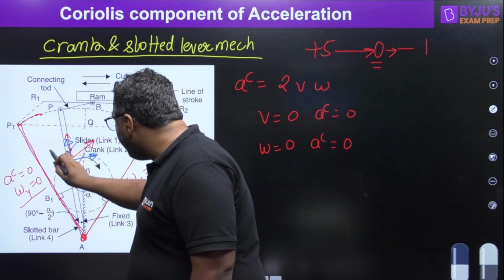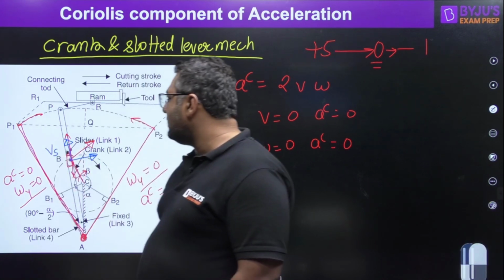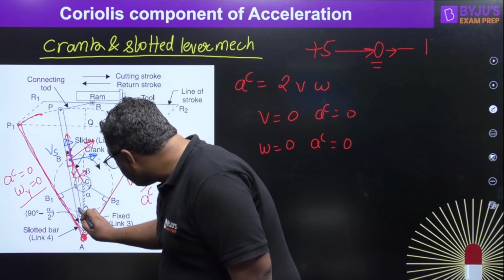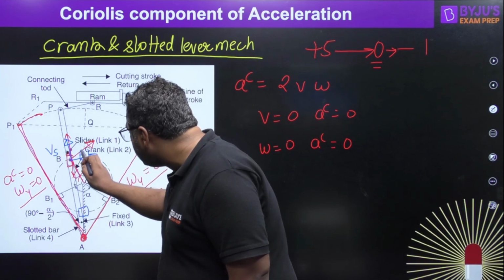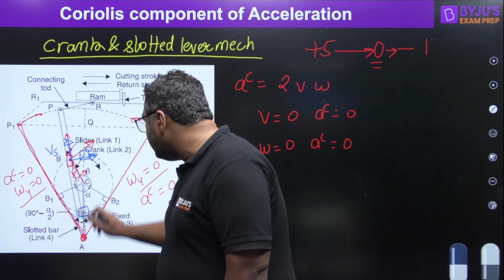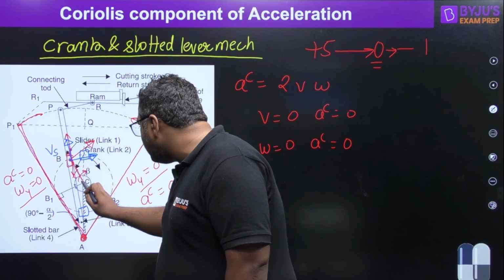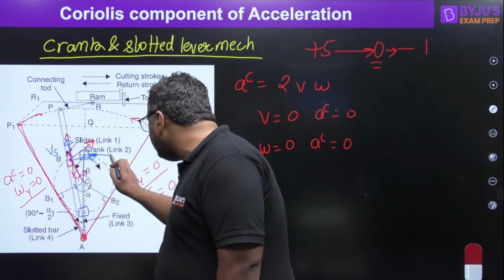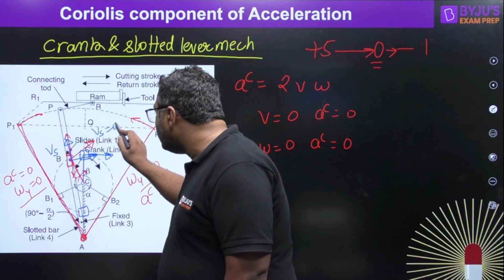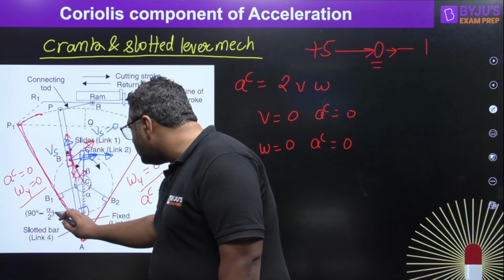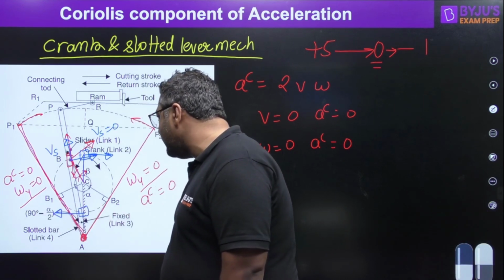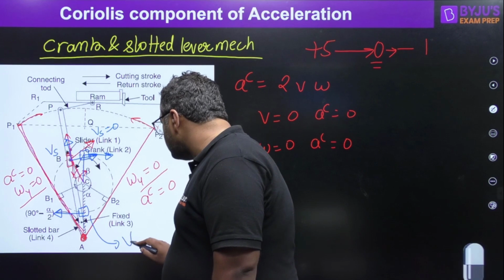And this along component is nothing but the velocity of the slider. When the slider is present at this position and at this position, at these two positions, the crank will directly give the complete velocity in this direction, and the slider velocity component will become 0. Similarly, at this position, the complete velocity of the slider will be in this direction for the instant, and there will be no sliding velocity of the slider.